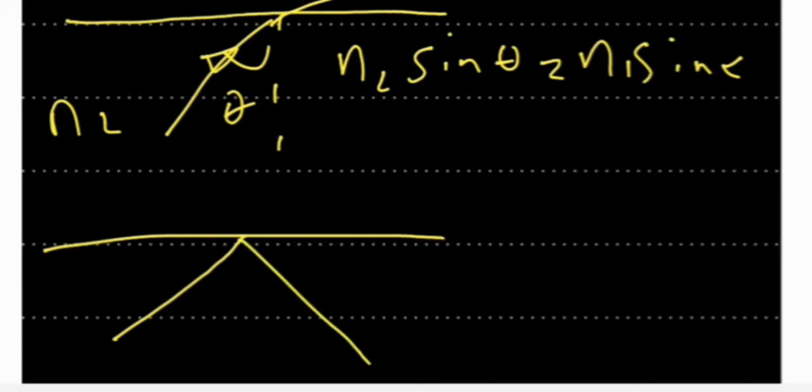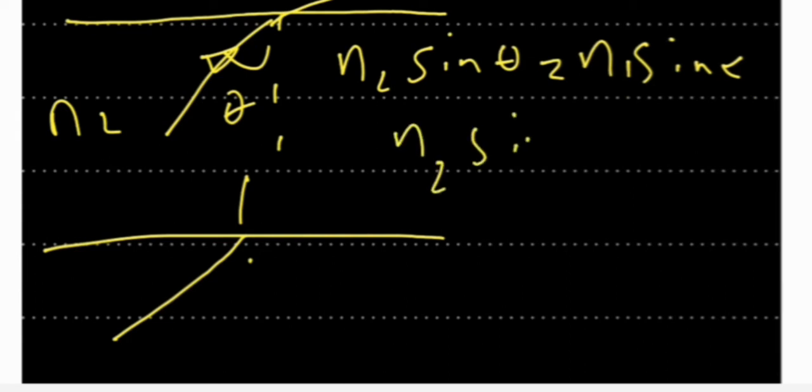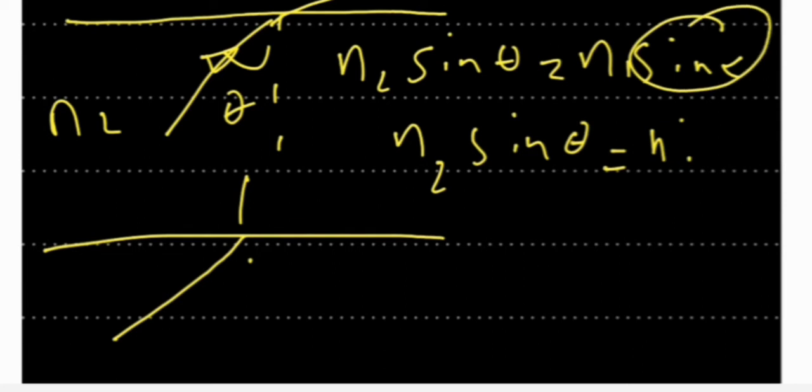You will only have the reflection part, not going out. It's like if this was 90 degrees, so you will have n2 sine of theta equals n1, since sine of 90 degrees is 1. So sine of theta is equal to n1 divided by n2. This is what you need to remember.